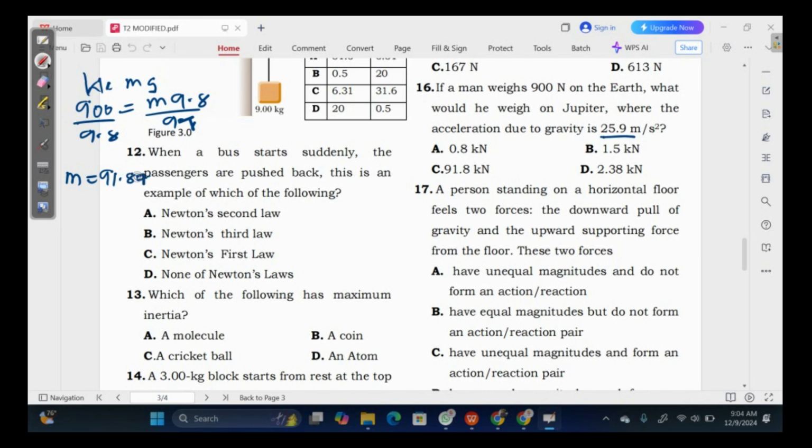That is kg. Now, for me to find the weight on Jupiter, I'll say weight is mg. M is 91.84, which we have found, times the g. Now we have been told that is 25.9.